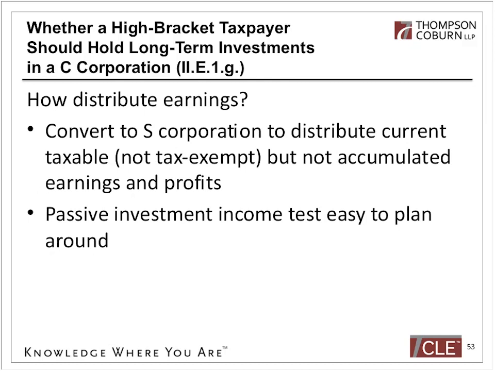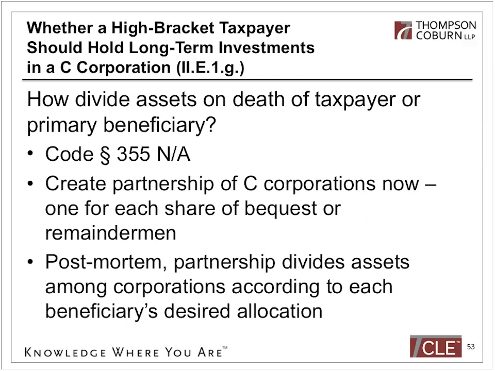My materials talk about how to avoid that. And a corporation that holds just investments, it's really almost impossible to divide it. So if you have your family investments inside the C Corp and people want to go their own way, it's really hard to divide it. So you might want to do some advanced planning for that if you are going to do a corporation, and my materials go into that advanced planning.